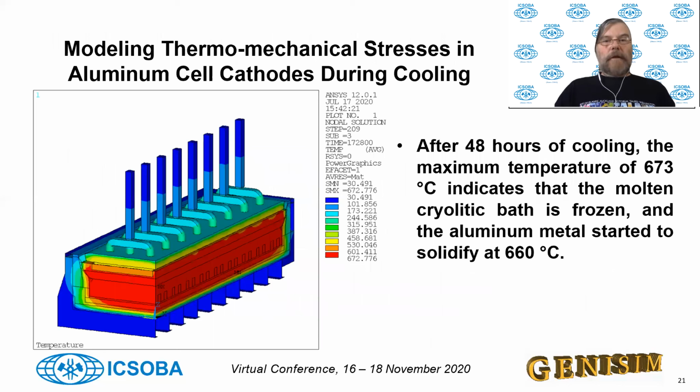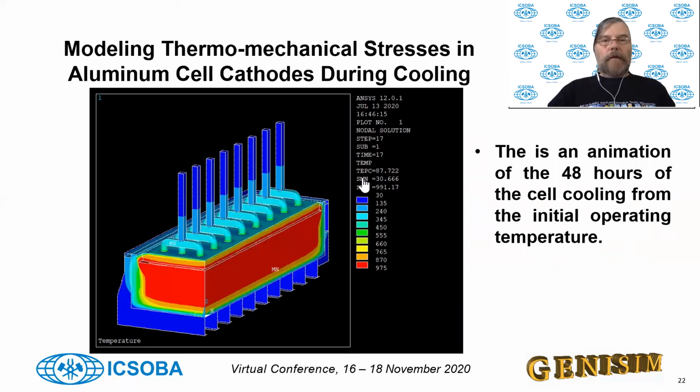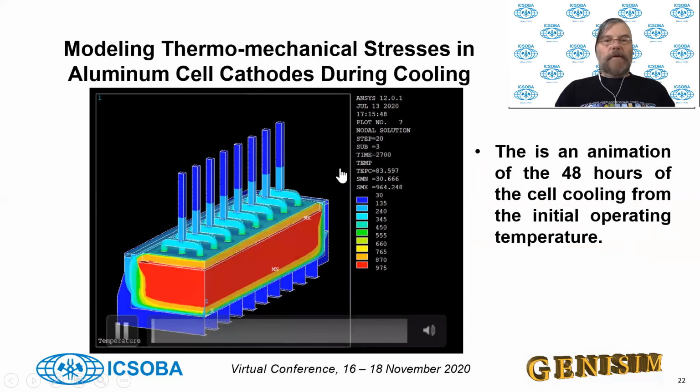So this is the final temperature after 48 hours of cooling. The scale here now stops at 673. That's the maximum temperature of that pot after 48 hours of cooling. I can show you that in an animation.